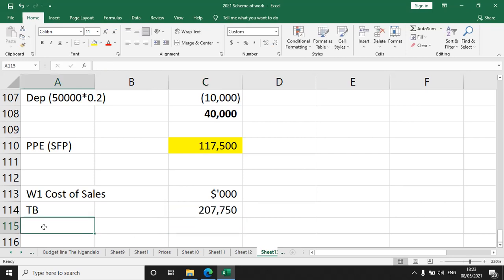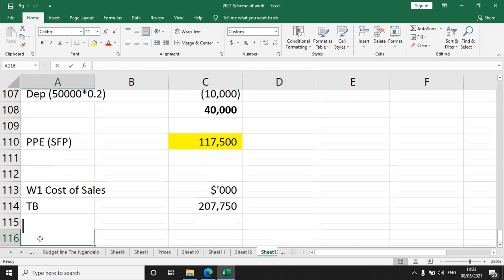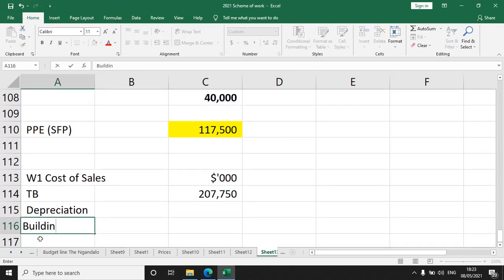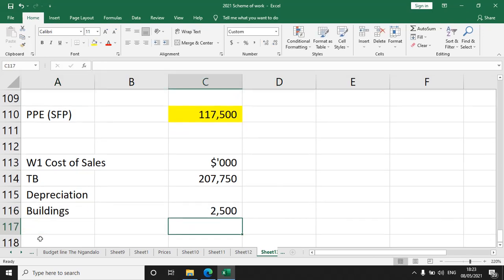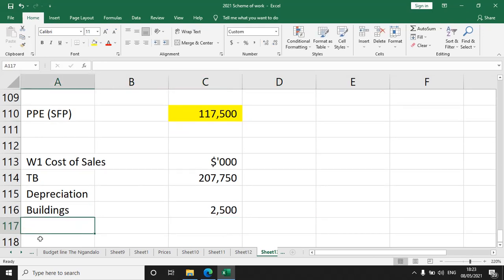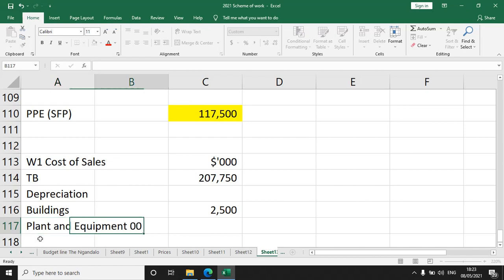All right, then we have got an issue of depreciation. We are told that all depreciation must be treated as cost of sales. So the depreciation for buildings, if I may put it that way, and I think that's more accurate, is 2.5, and then we've got plant and equipment, it's got a 10,000. I think I remember that.